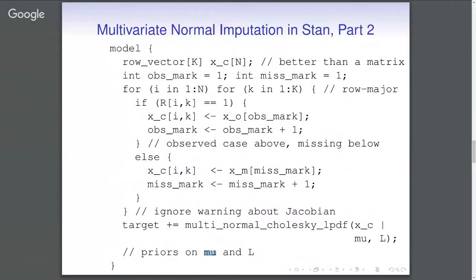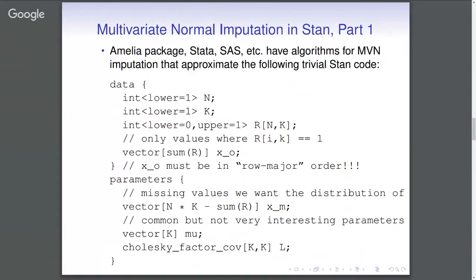All you have to do is join together X_M and X_O in the appropriate fashion to make X_C, a complete data likelihood on X_C, priors on mu and L, and then Stan will run. But if you can do this, you could immediately or almost immediately extend your Stan program to do stuff that's not implemented in Stata or Amelia or whatever.